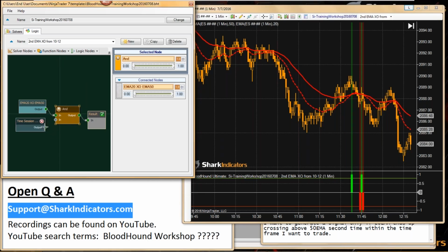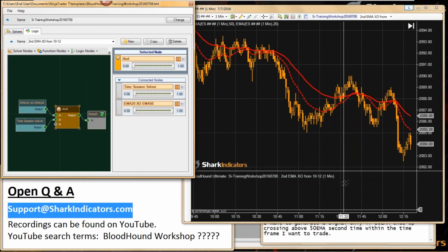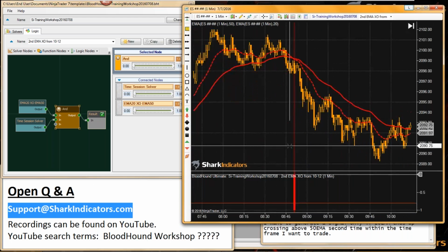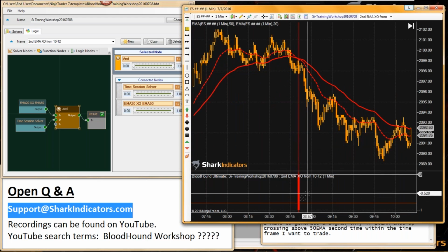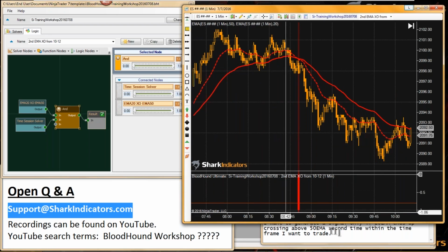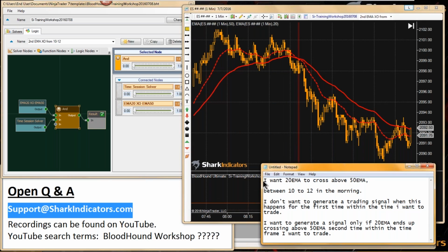Connect that up, and then as soon as we plug in our time solver, there we go. Those signals went away because they're outside of our 2-hour time window. And here's the one signal here, left in the middle. So there we go. All right, so that would complete the first two parts there.